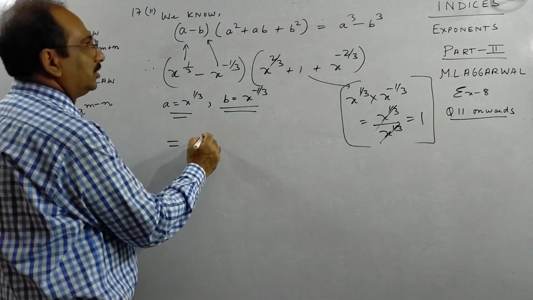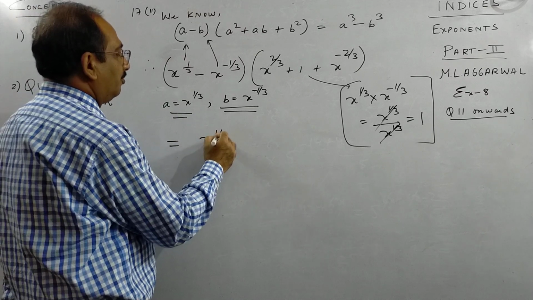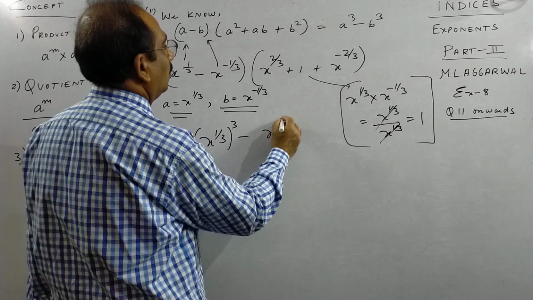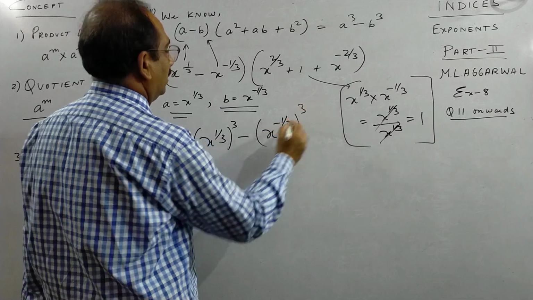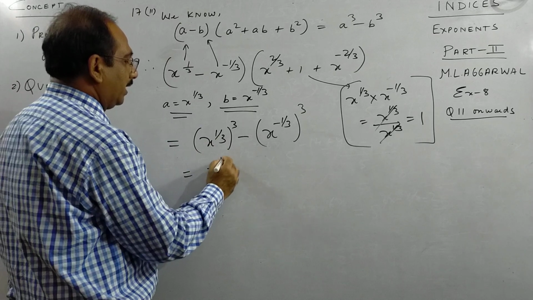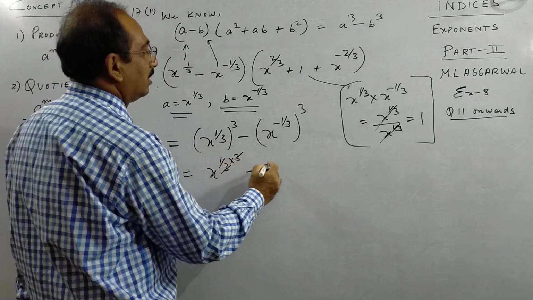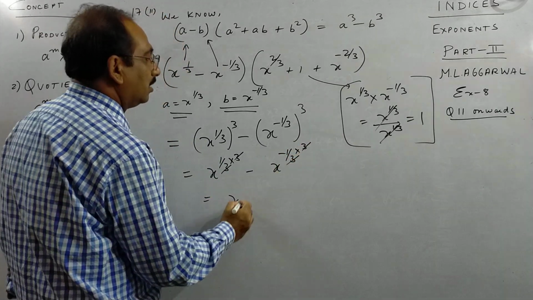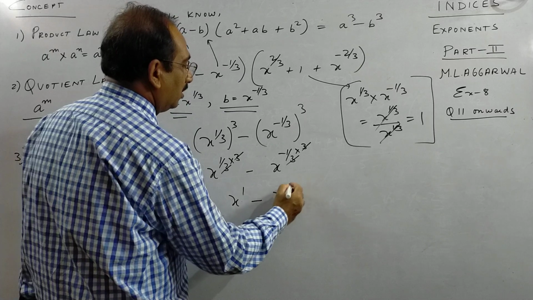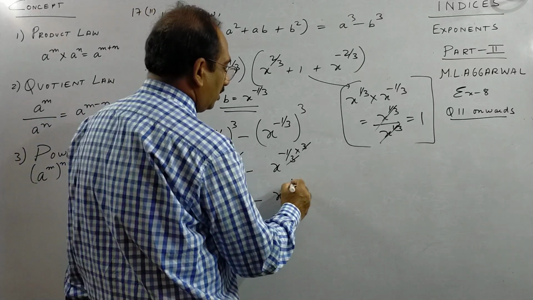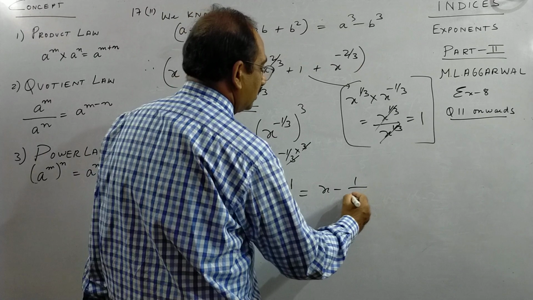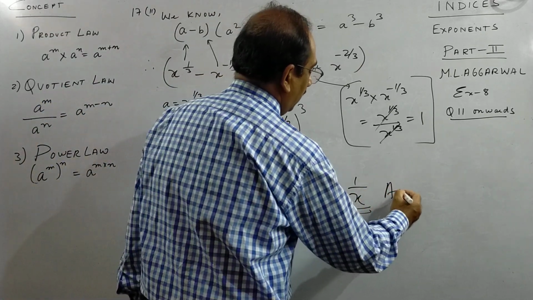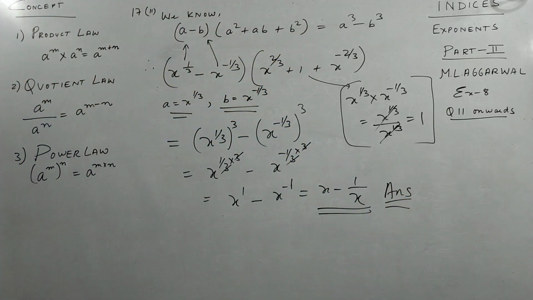So this is nothing, children, but the cube of this minus the cube of this. When you open the bracket, this 3 will cancel and this will also cancel. You will get x to the power 1 minus x to the power minus 1, and this will go down and become positive, and this is your answer.